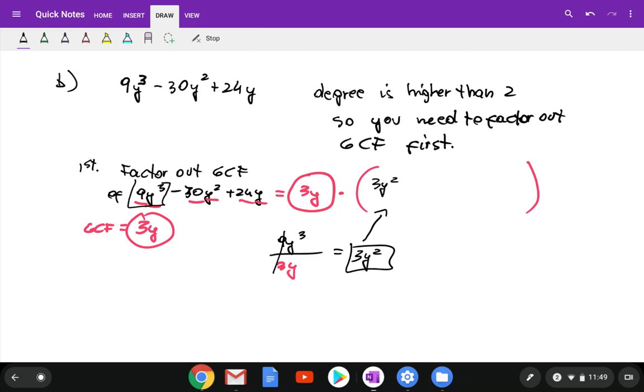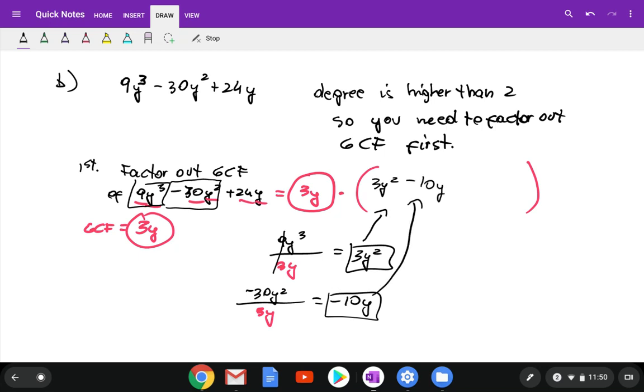Then you take negative 30y squared, divide by GCF, which is 3y, and that will give you negative 30 divided by 3 is equal to negative 10. Y squared divided by y will give you y. That goes right here, minus 10y.